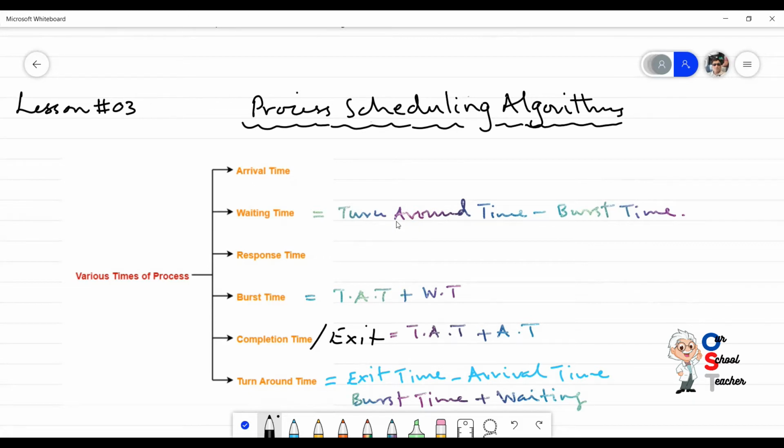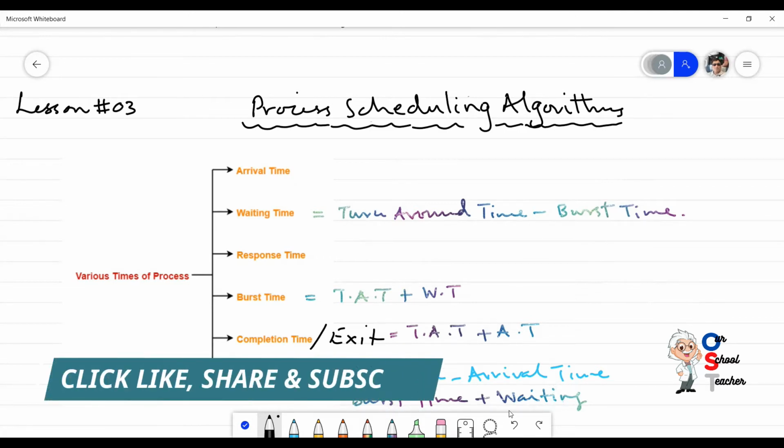Waiting time is equal to turnaround time minus burst time. And what is turnaround time? Turnaround time is the exit time at which any process gets complete minus the arrival time when the process comes. So you can also say that burst time plus waiting time is turnaround time. So this is the total time which a process takes to complete itself.